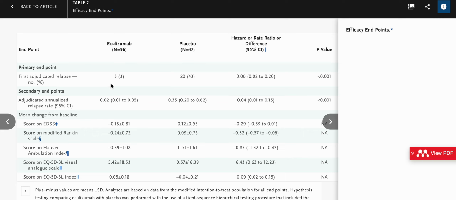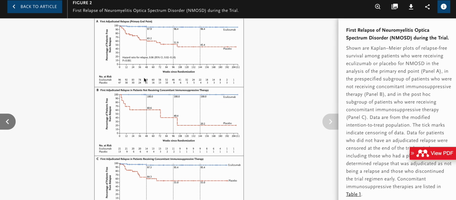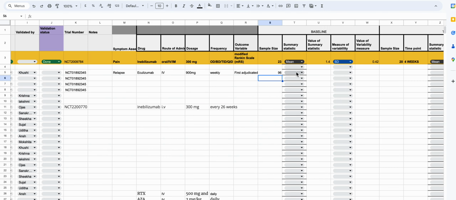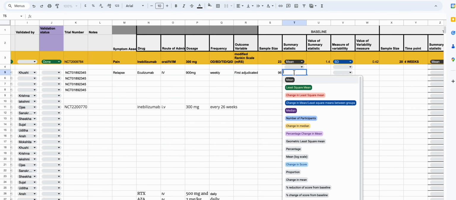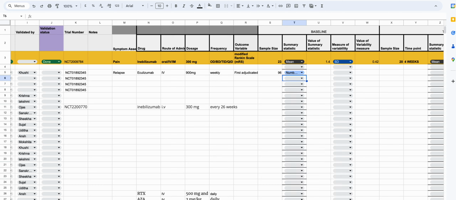So over here there is a measure of central tendency, not rather central tendency, because this is not continuous data, that is a different point. But over here they have given number of people or percentages. So what we would do over here is we would just enter the summary statistic as number of participants, and over here we would enter 3.